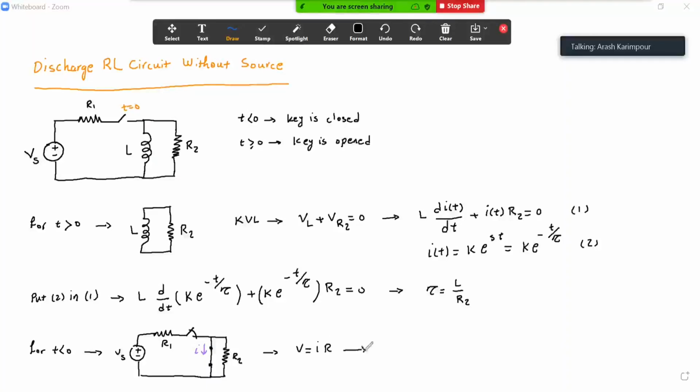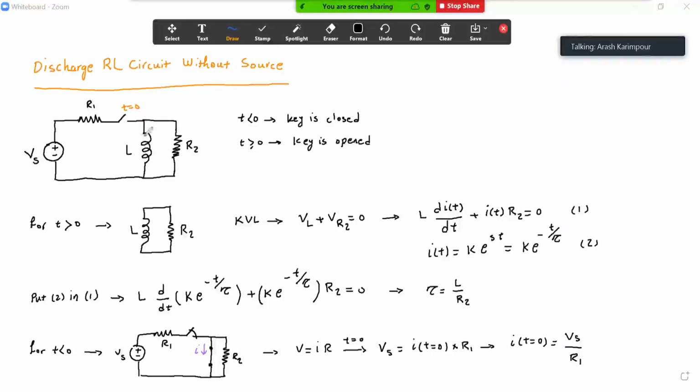At t equal to 0, the V is the Vs, and the I is the I at t equal to 0, and the R is just R1. So the I at t equal to 0 is going to be Vs divided by R1. So this is our initial condition.